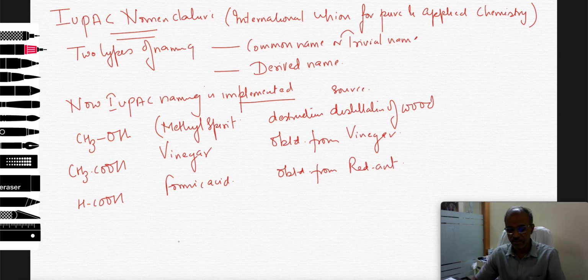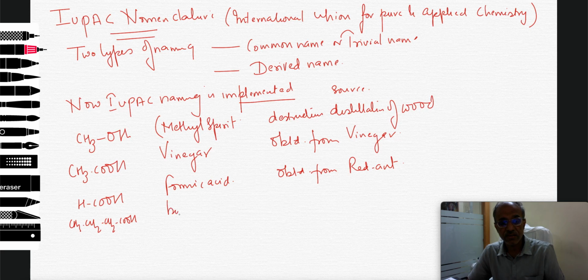Similarly, for example, CH3CH2CH2COOH. This is known as butyric acid. It is obtained from butter. Fine.